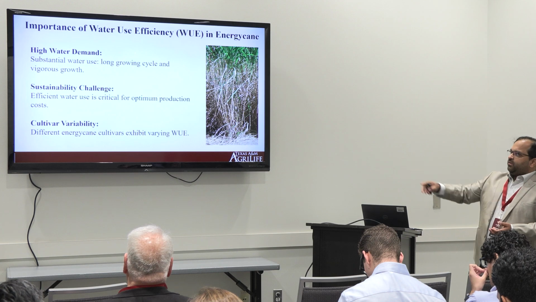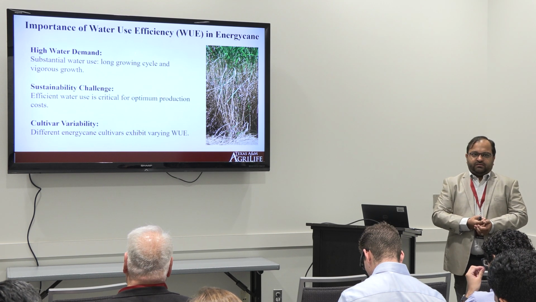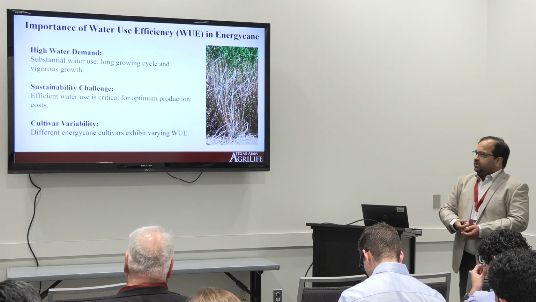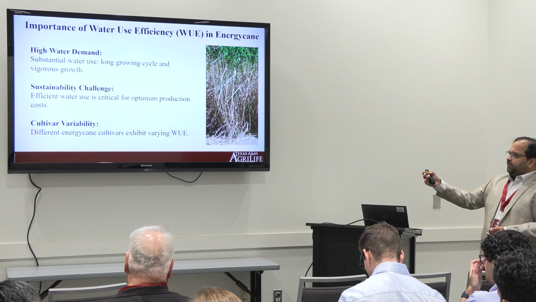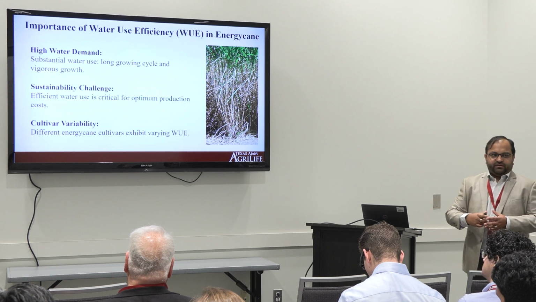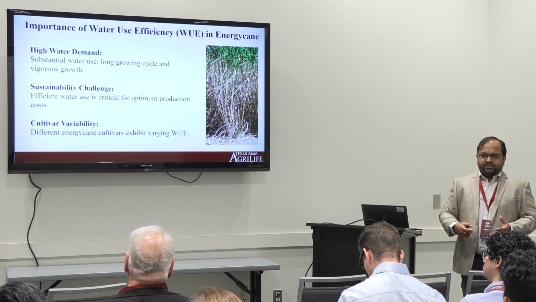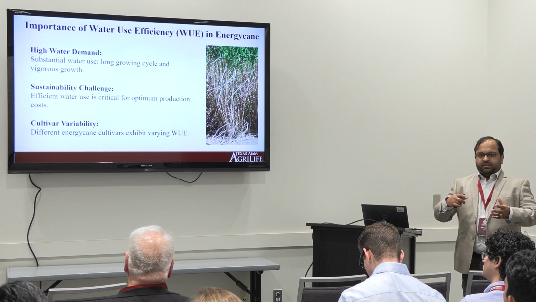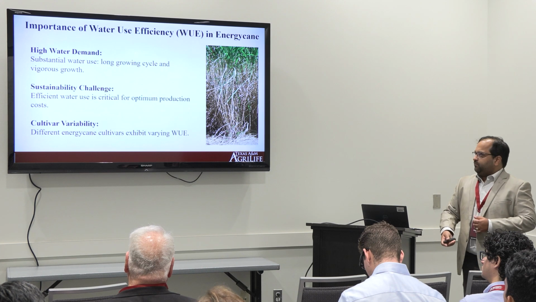Now, if we are growing it in a place where rainfall is not abundant and we are depending on irrigation, then efficient water use is critical for optimum production costs. Also, there is variability among different cultivars that exhibit different water use efficiencies. So different cultivars use different amounts of water for the same biomass. That's what I'm trying to say.